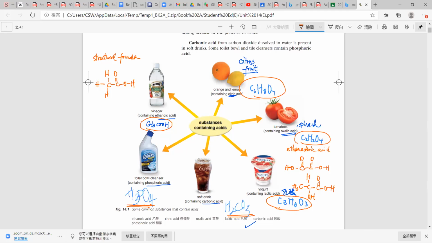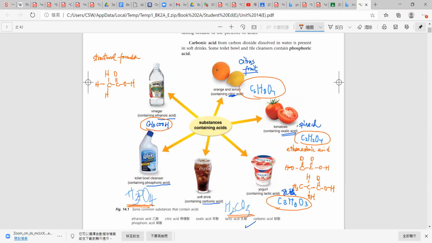And how about the citric acid? It's more complicated. Citric acid, if you search on the web, what is that structure? Yes, a very strange structure.